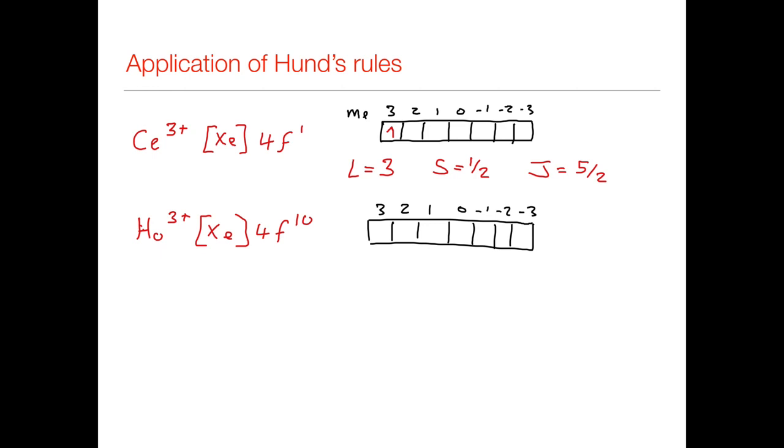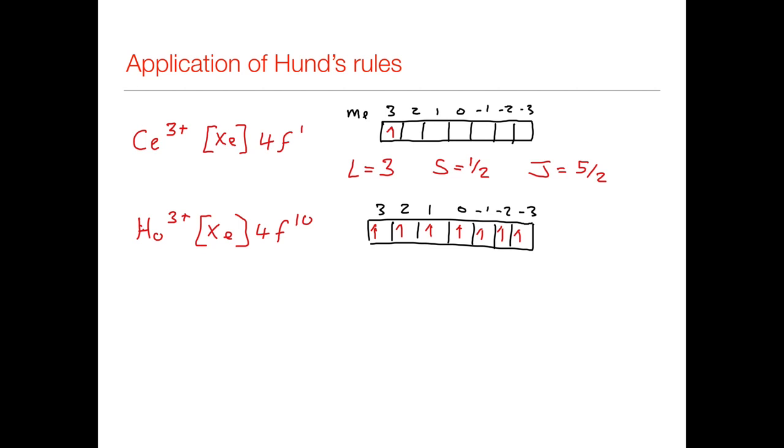To maximize, well, 7 of them are pointing up. I've got no choice with those, so let's just pop them in. So I now need to find where to put the last 3. At the moment, this half-filled shell has big L as 0. So my last 3, I want to put them in the states that have the maximum ml.